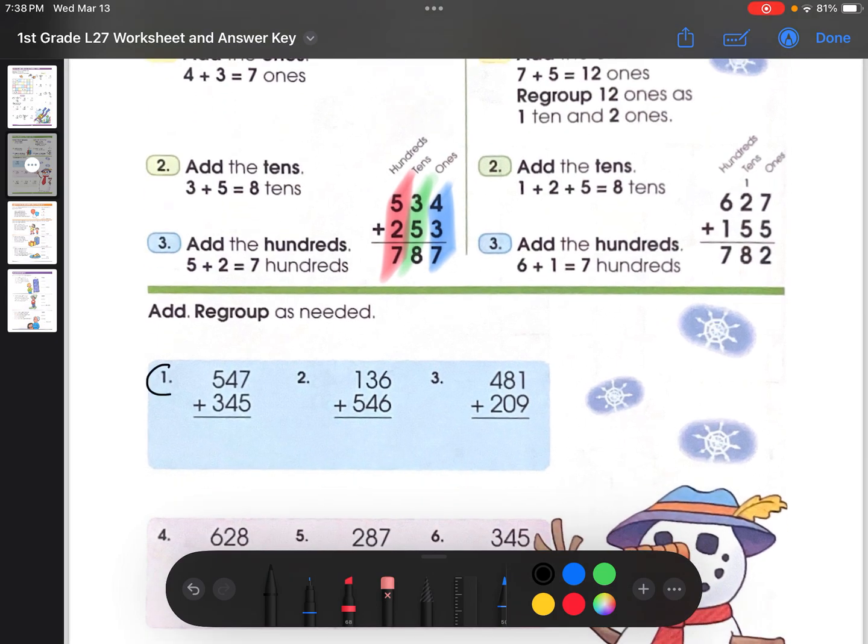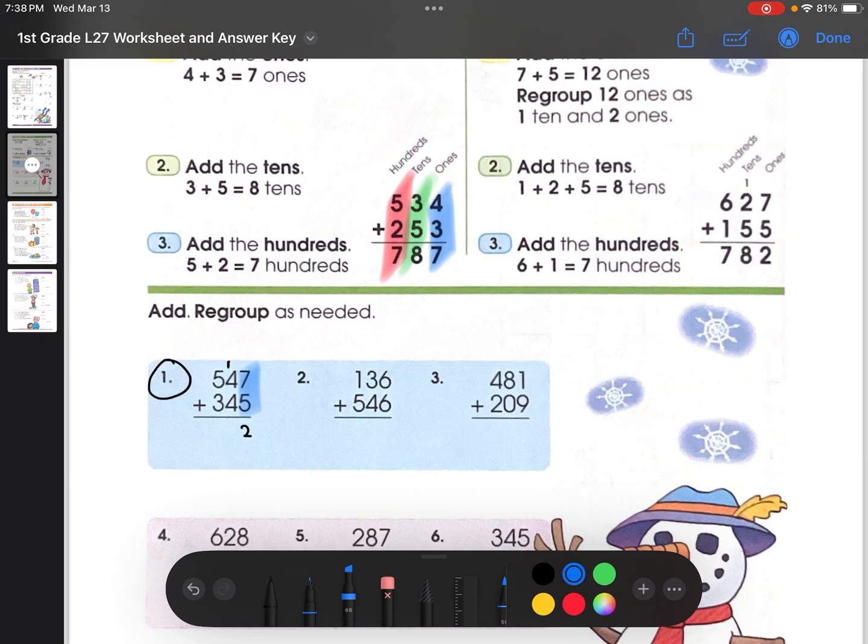Let's do number 1. 547 plus 345. So first, let's focus right here on the ones place. 7 plus 5. We know 7 plus 5 is 12. So the 2 from 12 stays, and the 10 from 12 gets moved up to the tens place.